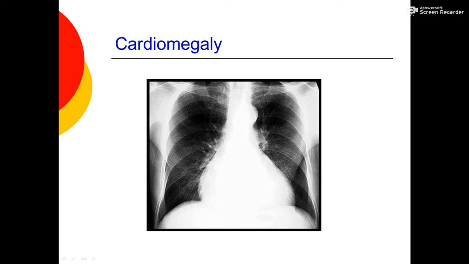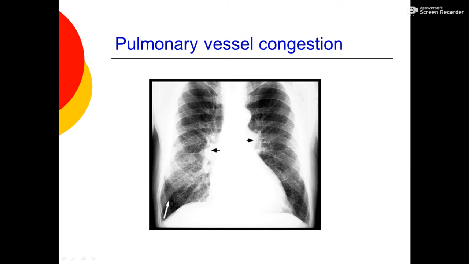As you know, the heart is located posterior to the sternum in the mediastinum. Cardiomegaly. Okay, pulmonary vessel congestion. So this is pulmonary vessel congestion. The blood vessels directed to the lungs become congested and narrow.